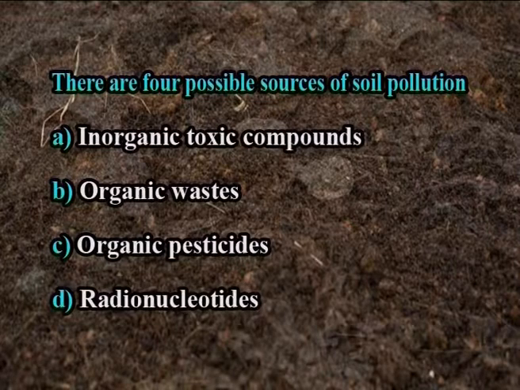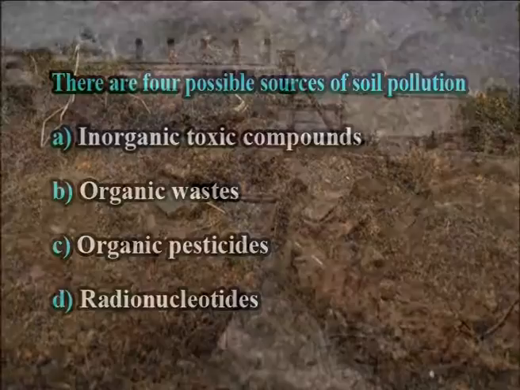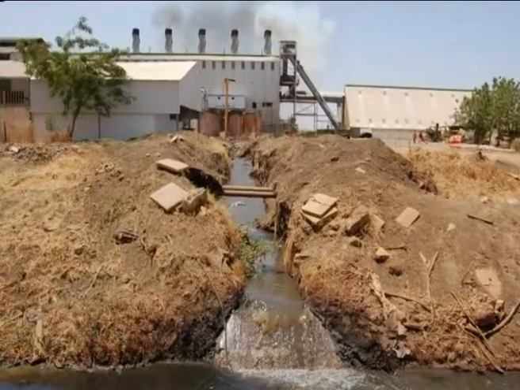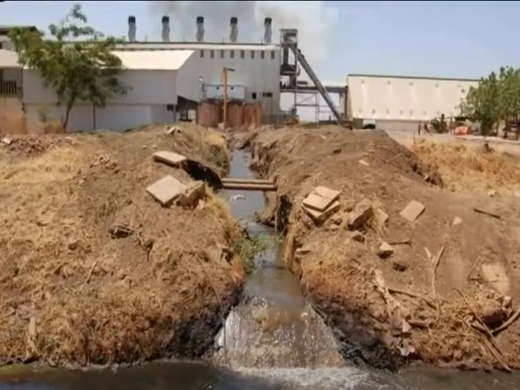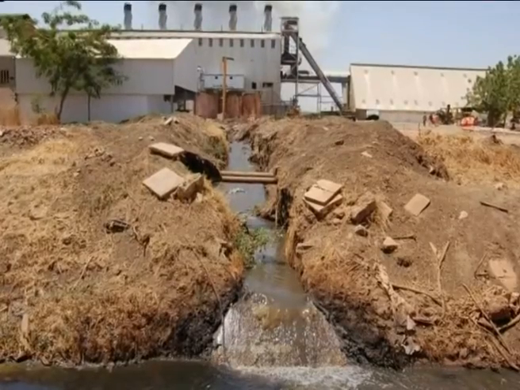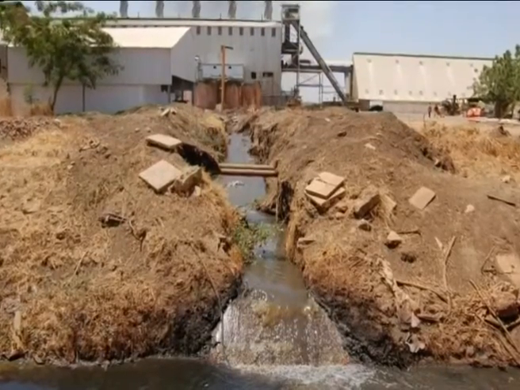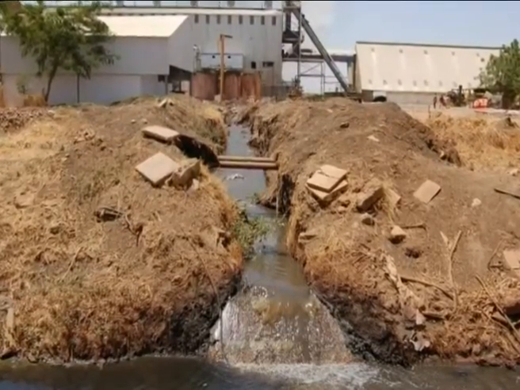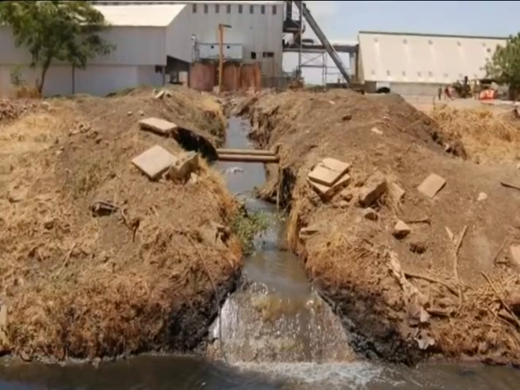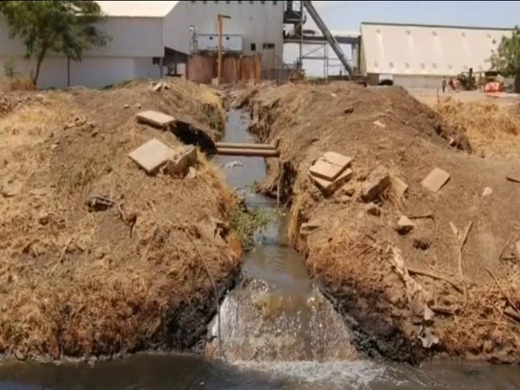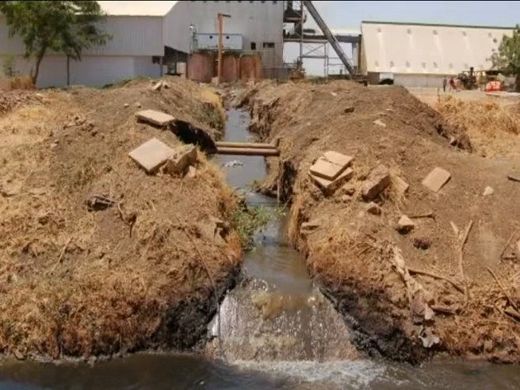There are 4 possible sources of soil pollution: inorganic toxic compounds, organic wastes, organic pesticides, radionuclides. The soil is thus becoming increasingly polluted with chemicals including heavy metals and products of the petroleum industry, which can reach the food chain, surface water, groundwater and ultimately be ingested by man.